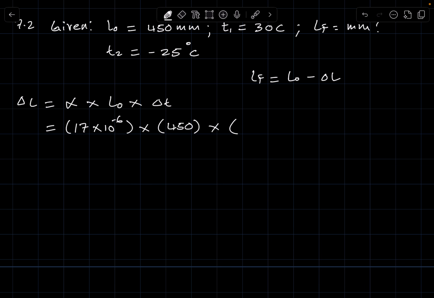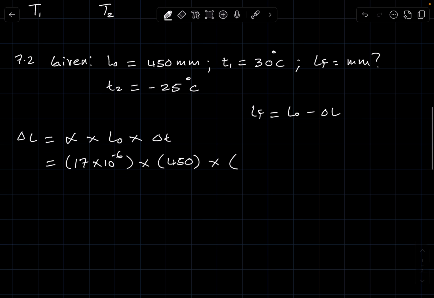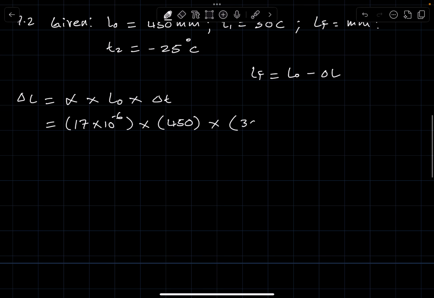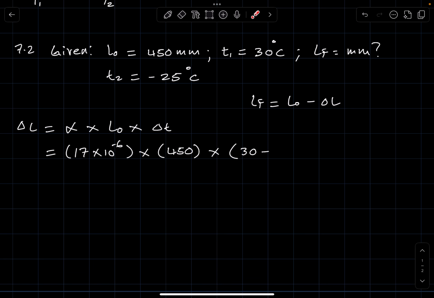Remember that change in temperature here is T1 minus T2. Why? Because this is contracting, it is losing heat. So this will be 30 minus T2. Remember that this T2 is negative, so this will end up being positive 25.